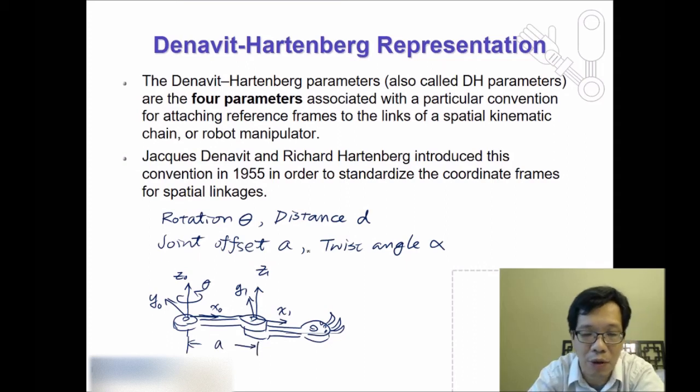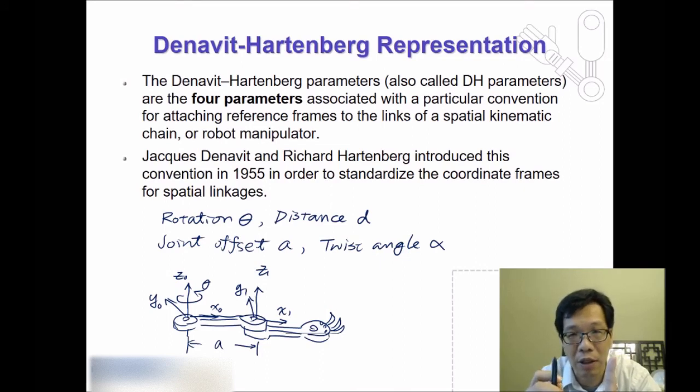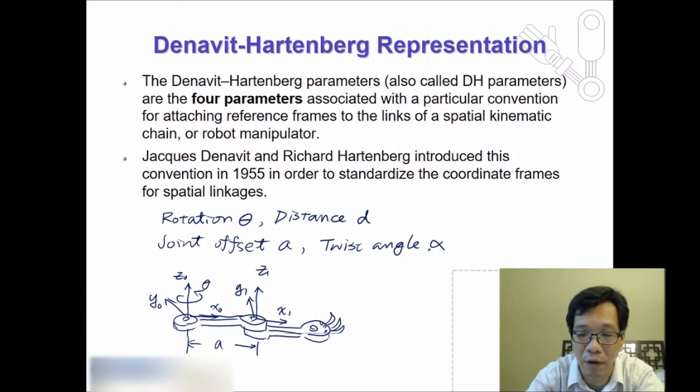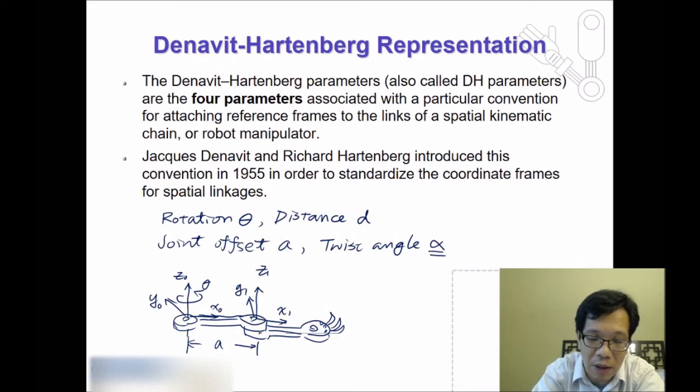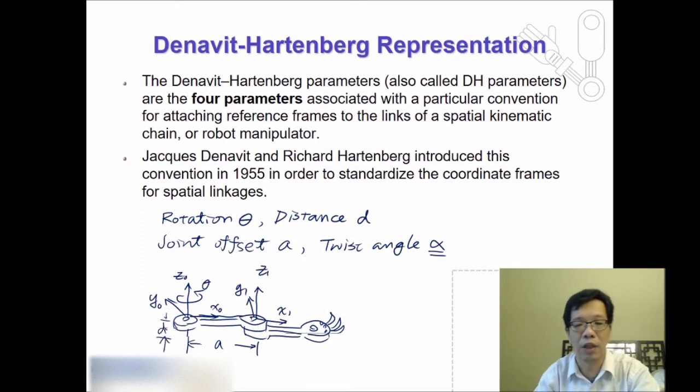That is going to be my joint offset. And if this one has some force that makes Z1 and Z0 not parallel, but twisted a little bit, then we need to define the angle alpha over here. In this case, since we both got thickness over here, the distance between this one and this one can be defined as my d over here.